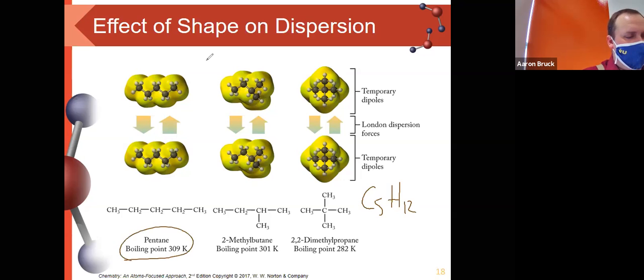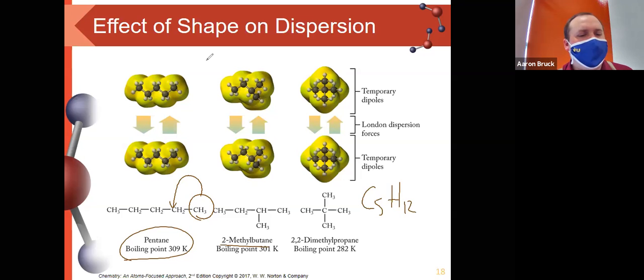In pentane, we have a boiling point of 309 Kelvin. If I take one of those end groups and move it to form a second bond with that carbon here, what I would have is 2-methylbutane.